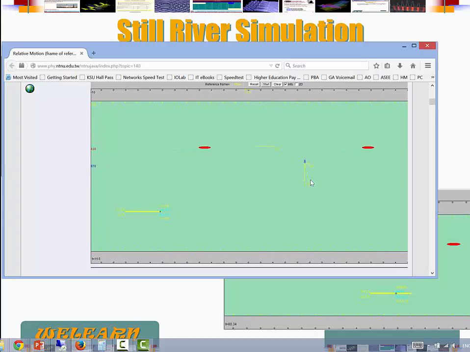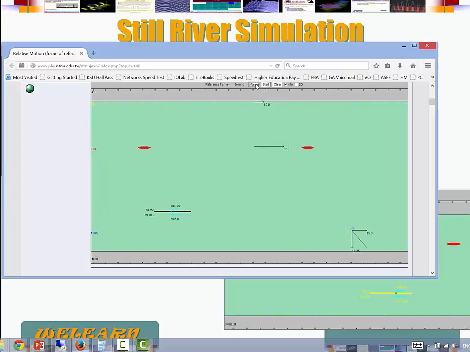So the overall velocity is going to be, of course, the hypotenuse, and you get it by finding the square root of 15 squared plus 18.25 squared.